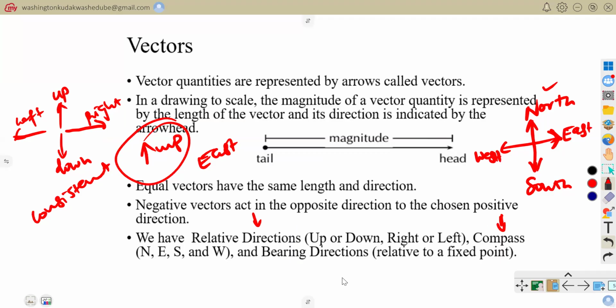And then lastly, we have what we refer to as bearing directions. These are named in reference to what we refer to as a fixed point. What do I mean by that?